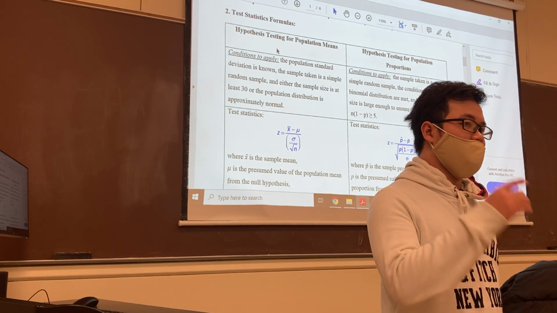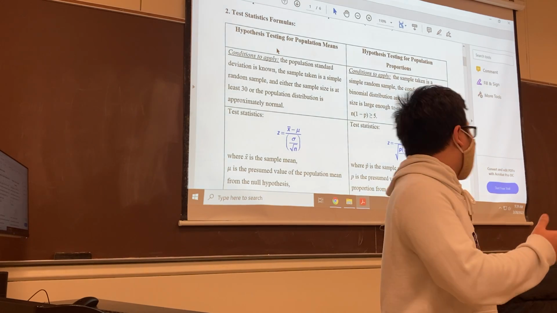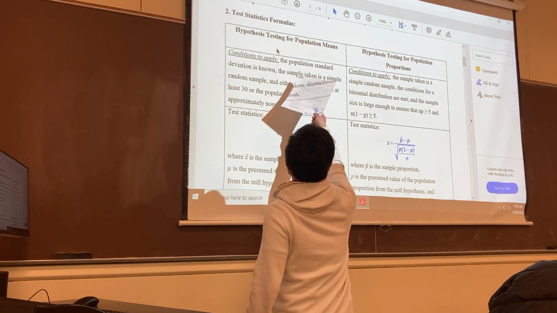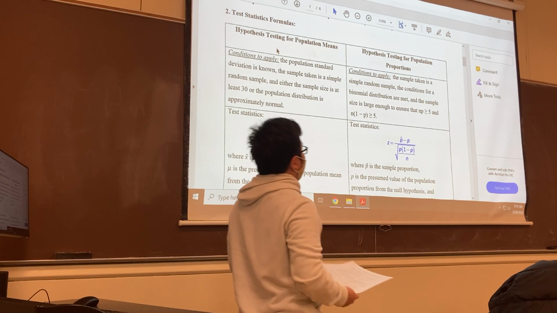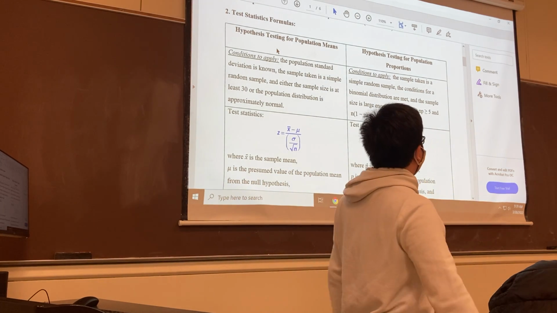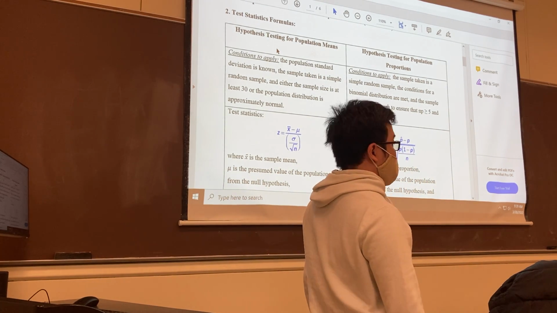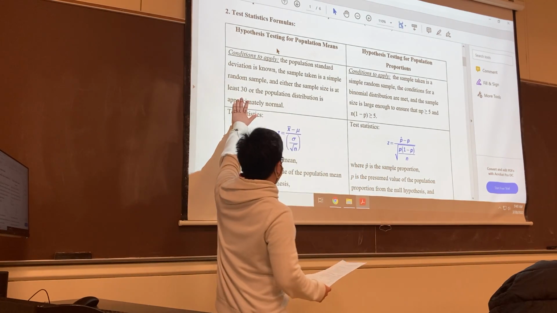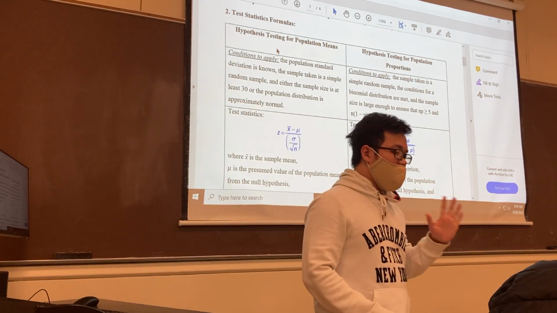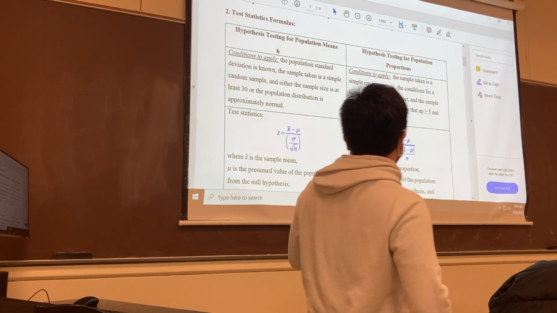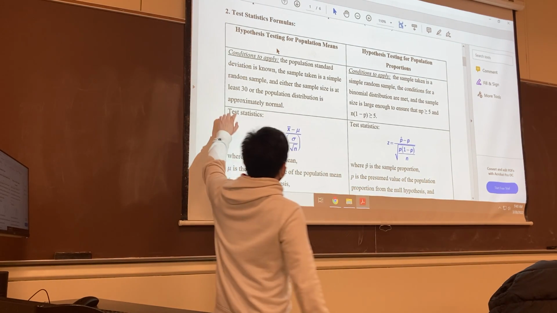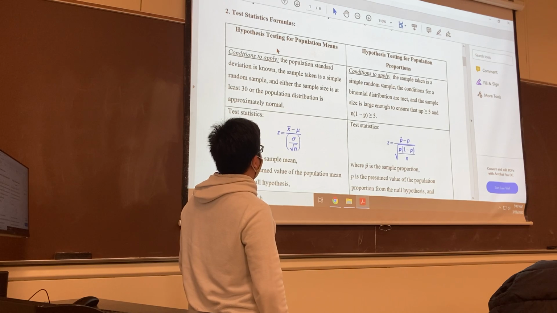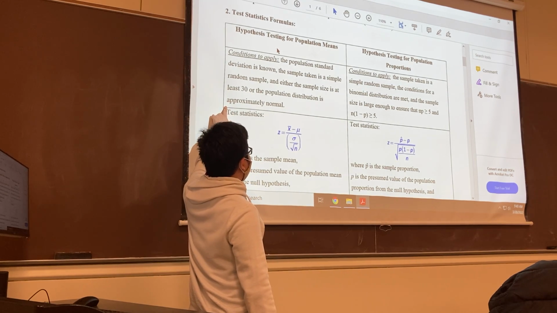The first one, we will make the decision about the population mean. The second one, we will make the conclusion about the population proportion. And you will look at the condition to apply when you want to use the method to do the hypothesis testing.